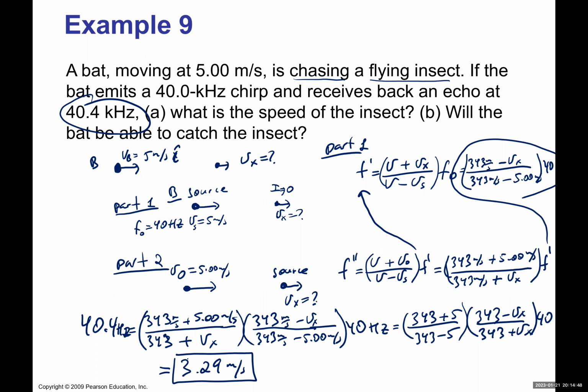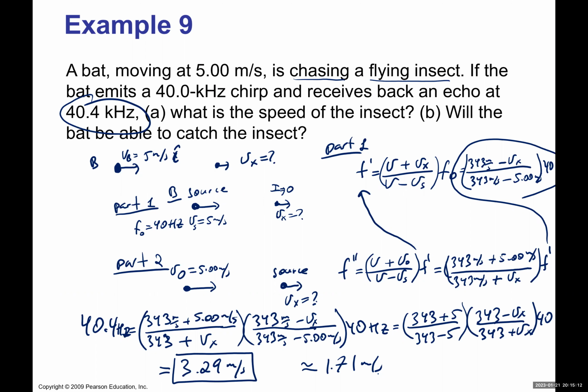Part B says, will the bat be able to catch the insect? It will be able to, because there's a difference in the speed between them. It's roughly 1.71 meters per second difference, where the bat is moving faster by that much. So clearly, it will catch the insect eventually.